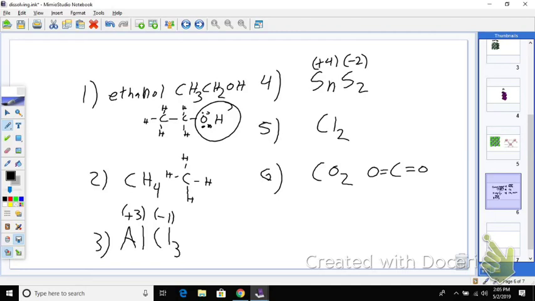Cl2, that's two Cl's put together like this. There's no difference in their electronegativity. It's like that one example I just did for you. Okay?